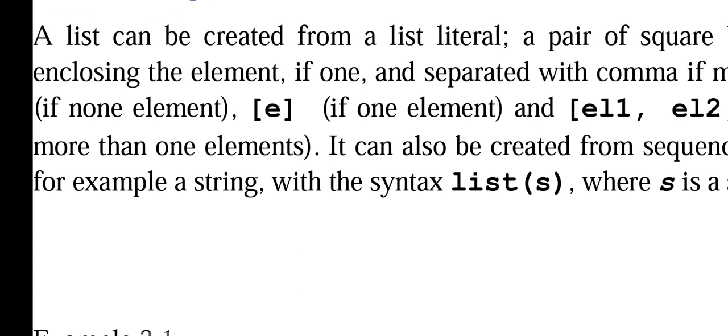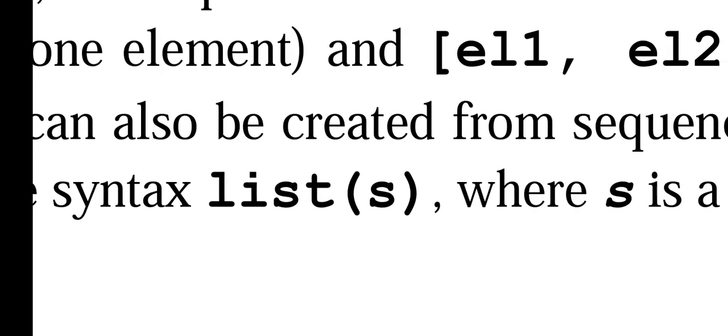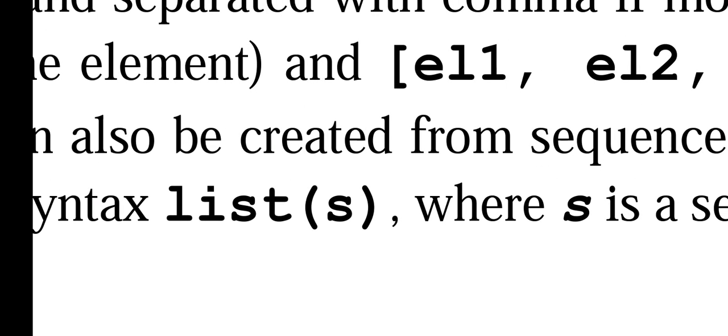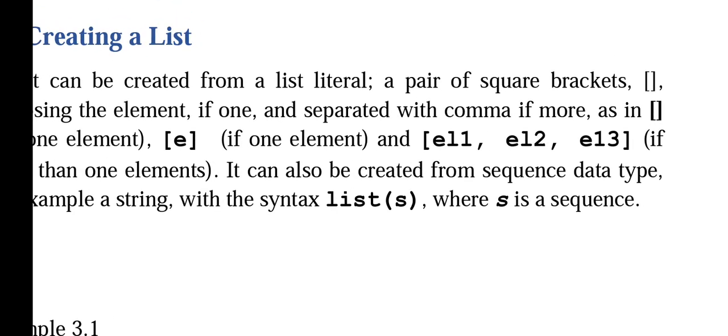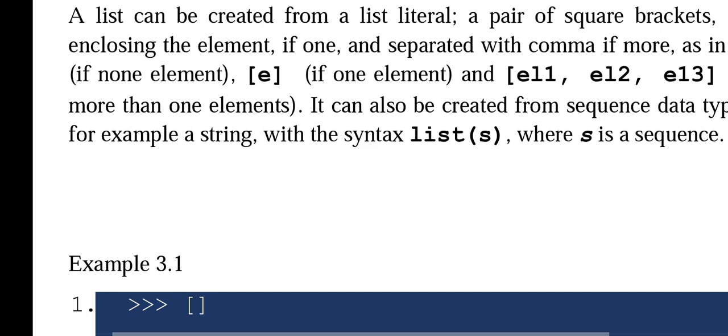Look at the syntax. List, a pair of parentheses enclosing S, where S is any sequence or sequential data type. A perfect example of a sequential data type is a string.